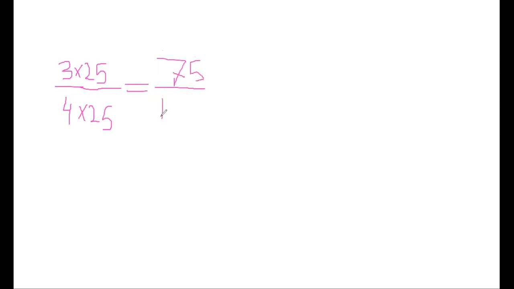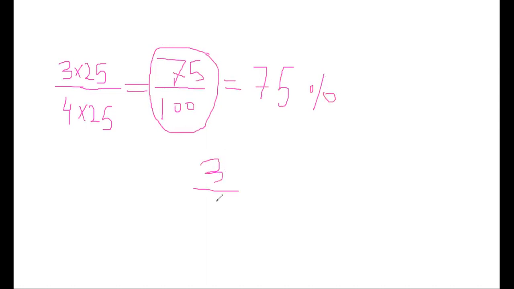And 25 times 4 is 100. Right? So 75/100, in percentage, how can you write this one? 75%. So 3/4 is how much percent? 75. Very good. It's 75%. Clear?